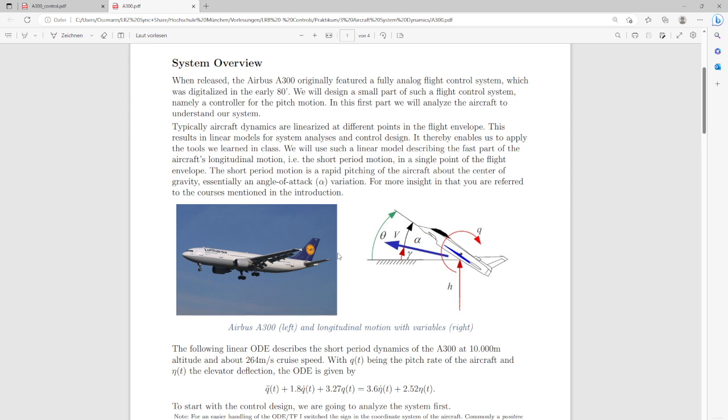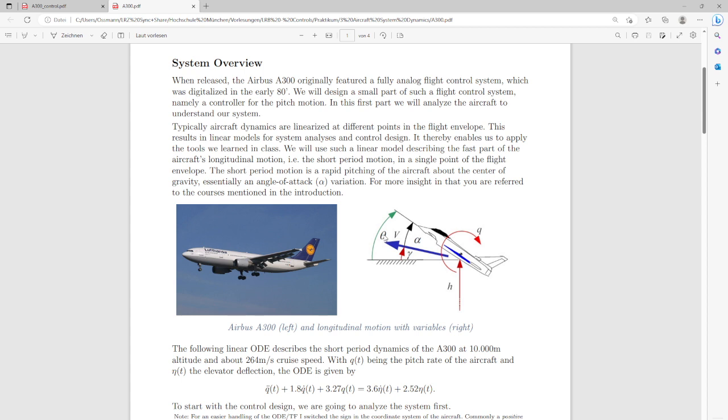We are dealing with the pitch dynamics. So for those who are hearing flight dynamics this semester, or even flight controls, they should be quite familiar with that. In the pitch dynamics, we have the so-called flight path angle gamma, we have the angle of attack alpha, we have our pitch rate q, and we have the flight attitude theta.